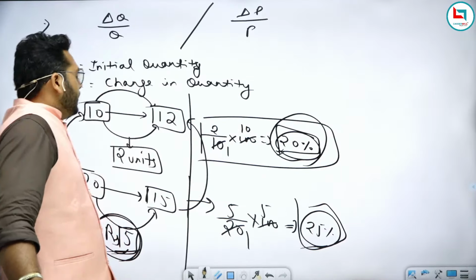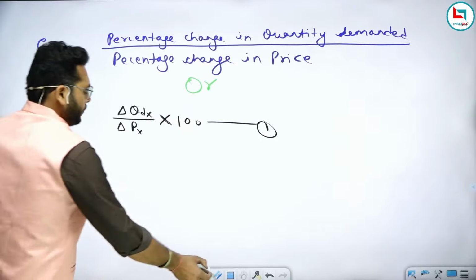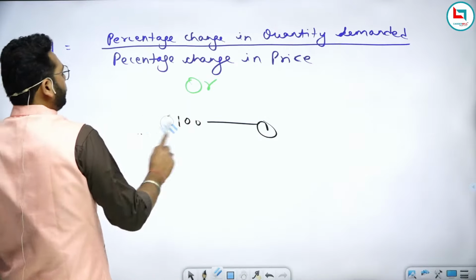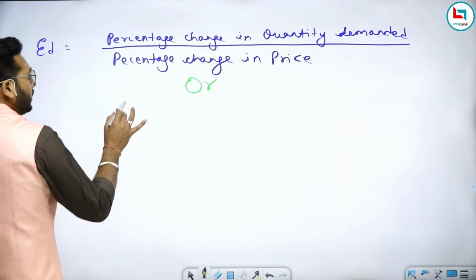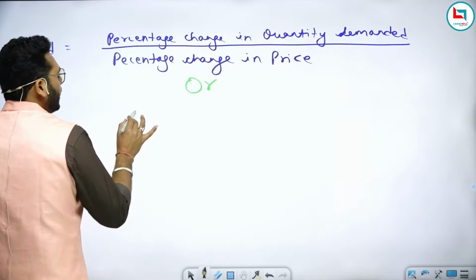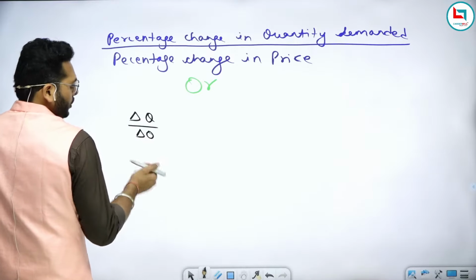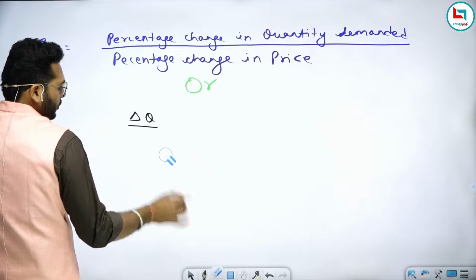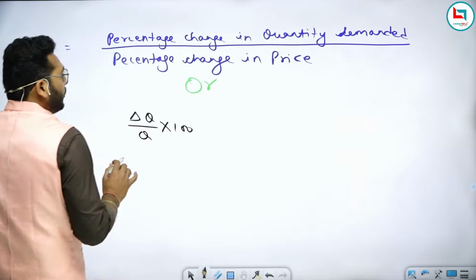So I can write this formula here. Percentage change in quantity demanded is change in Q upon, sorry, not change in Q, just only Q, into 100.